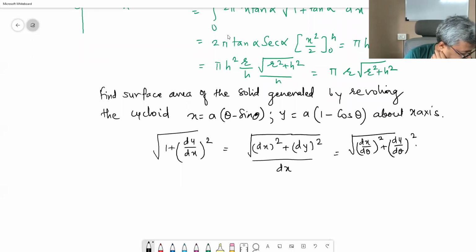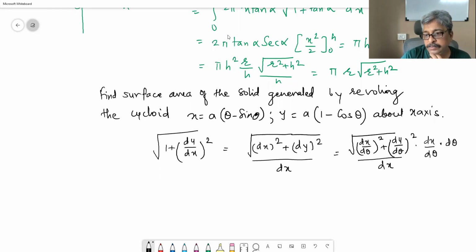What should we do with dx by d theta? dx will cancel into d theta. I think now it is correct.